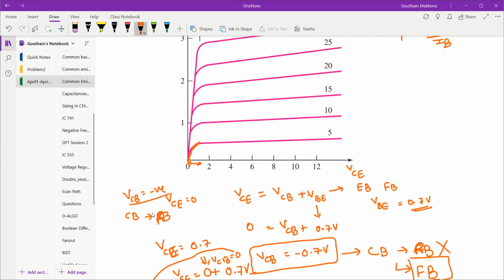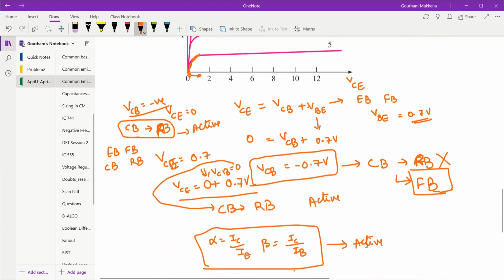When VCB is negative, the collector base junction is forward biased, and you are not in the active region. You are in the active region when the emitter base junction is forward biased and the collector base junction is reverse biased. So when VC is a very small value, the collector base junction is actually forward biased. That is why these alpha and beta formulae don't apply anymore when the collector base junction is forward biased.